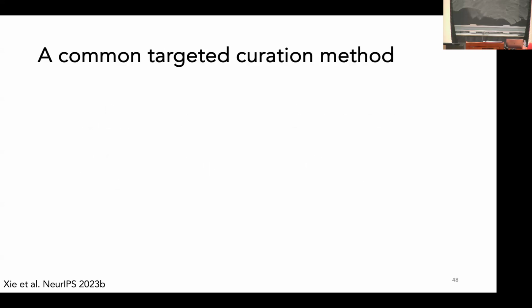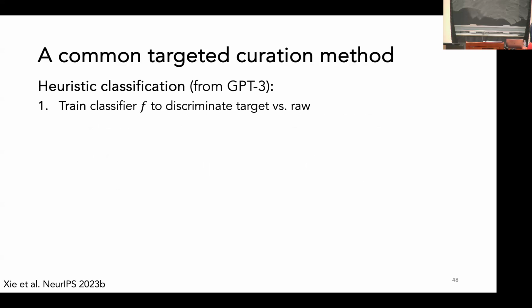A common baseline here is what we call heuristic classification. It comes from the GPT-3 paper. In heuristic classification, you first train a binary classifier, F, to discriminate between the raw and the target data. Here, F of X is the probability that X comes from the target data.